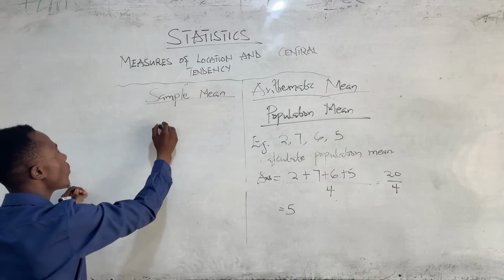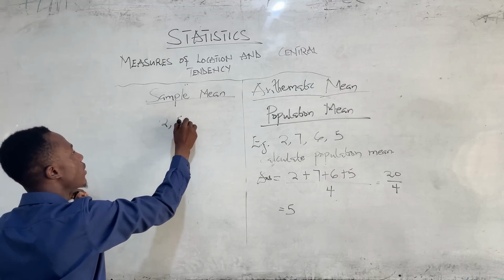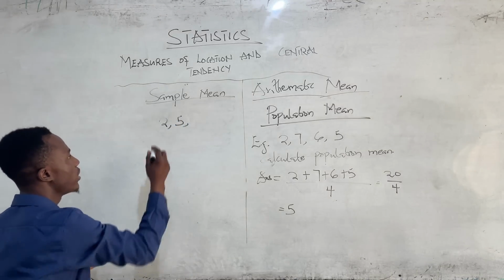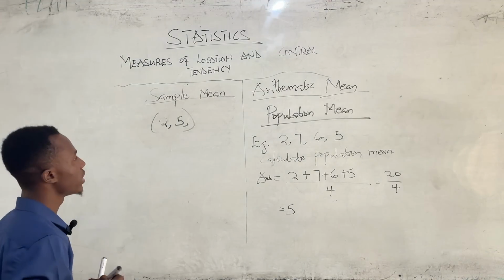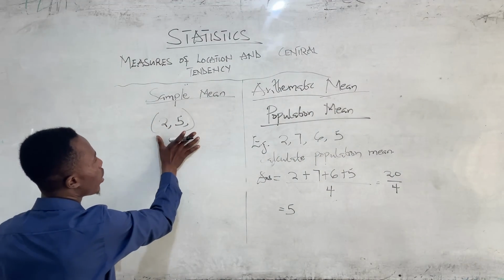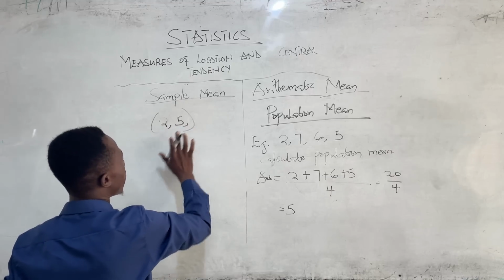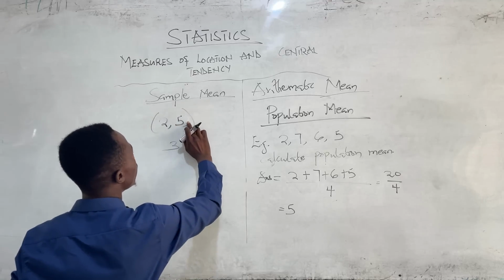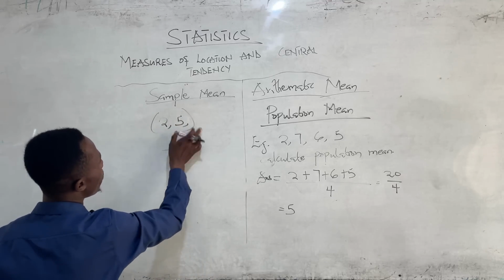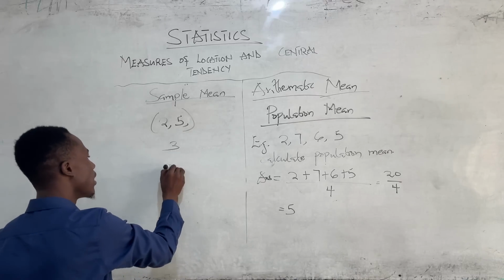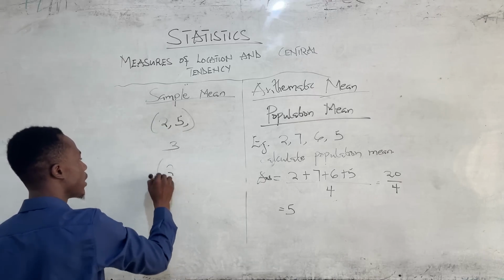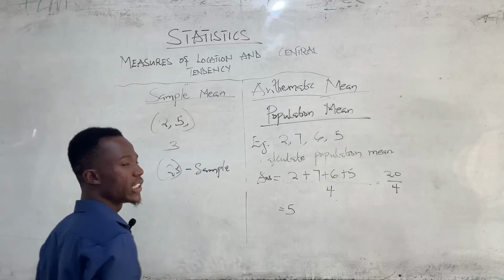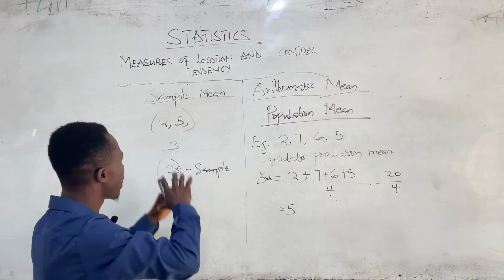If you have 2, 5, 7, that is 3 occurrences. If you take the 7 out, we have reduced it by 1, so 2 occurrences remain. The 2 and 5 here are the sample. It means you have taken some portion of the entire population.